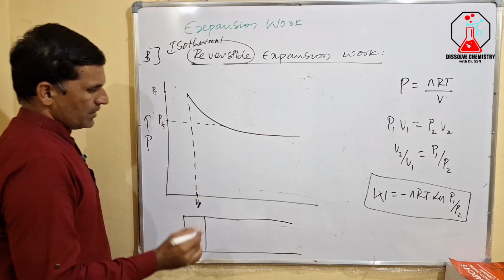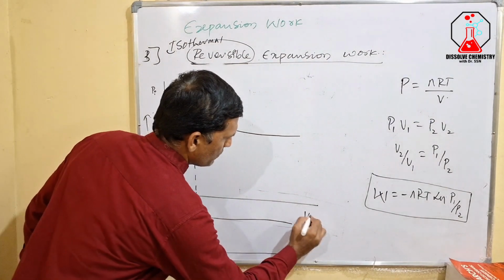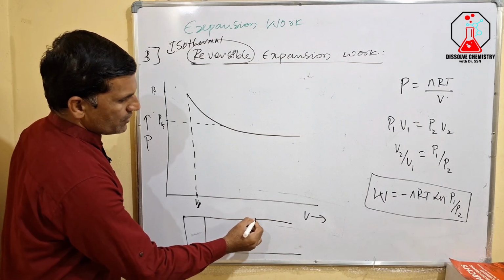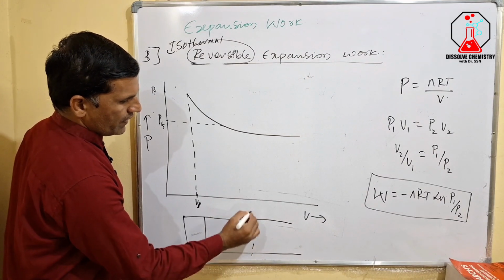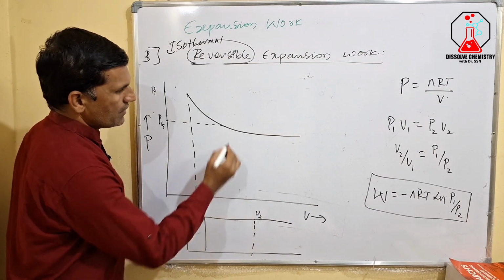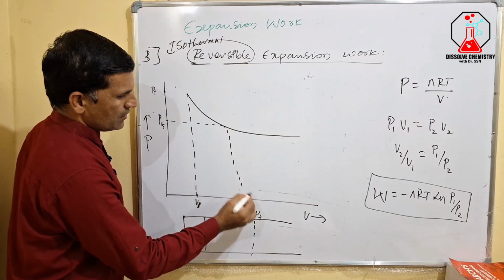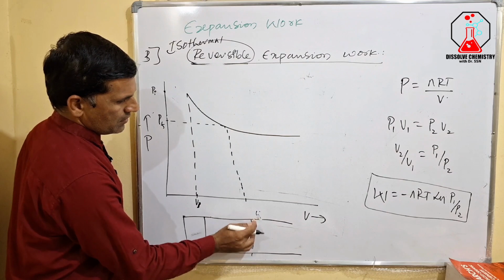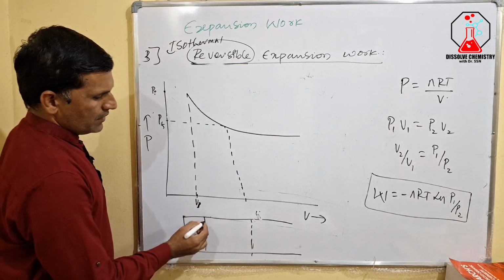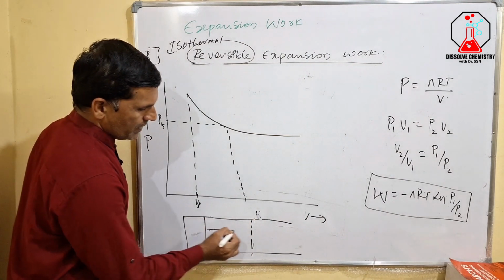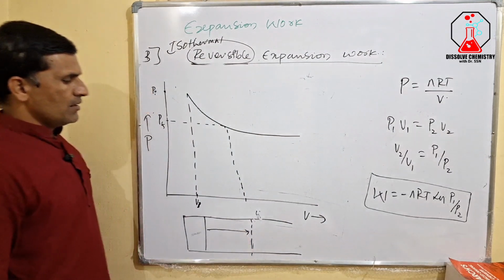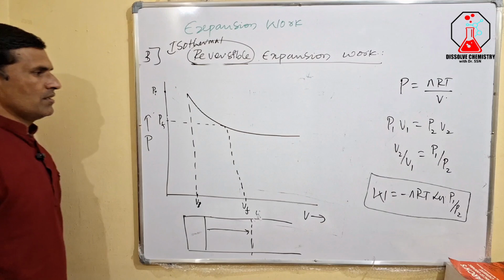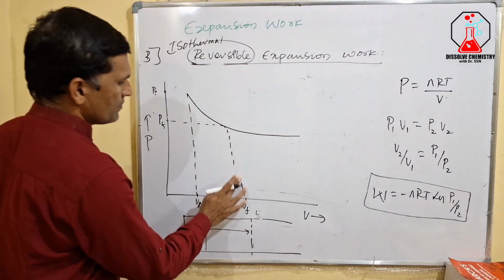This is the pressure axis and this is volume. So V1 to V2 will change, say for example, V final here. So this is how your work done will be up to here. V initial, V final we call.